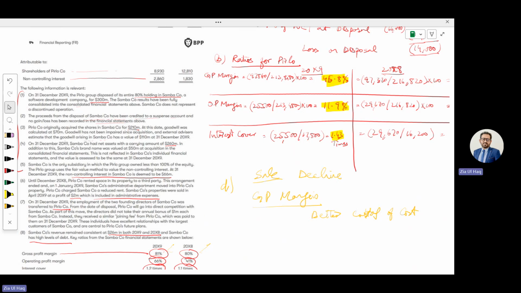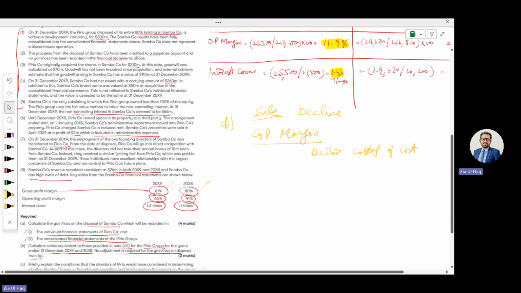So in the future, this GP margin might be reduced because Samba will not be there. Because Samba was performing better. They were having much better cost control as they were having more than 80% GP margin.